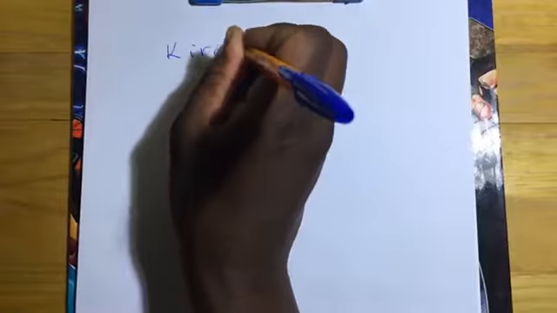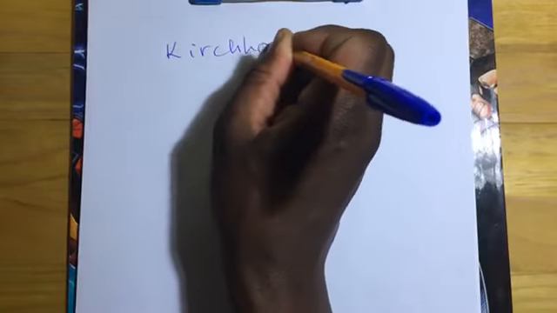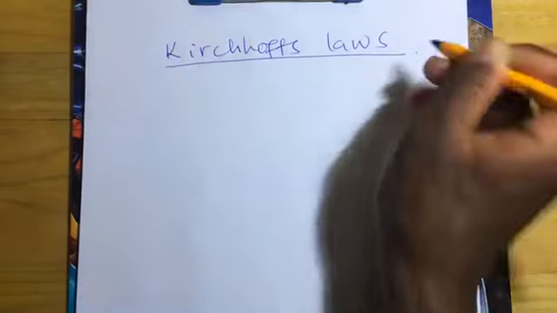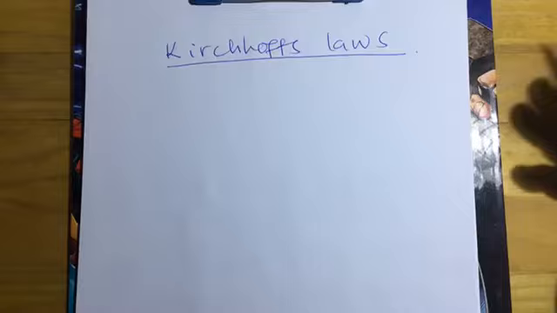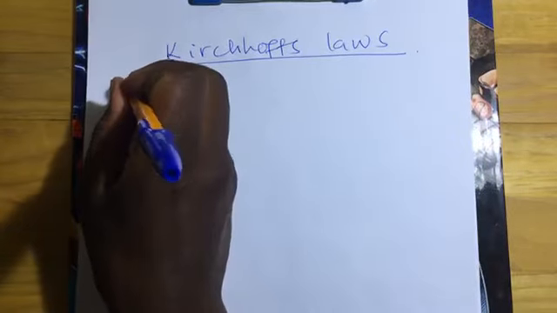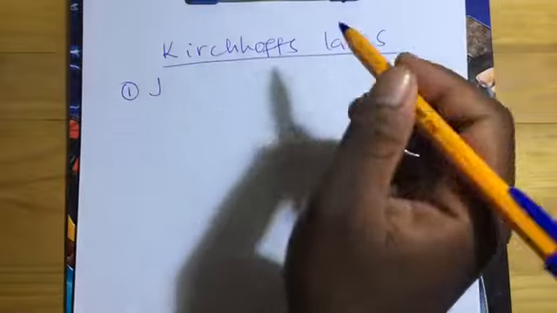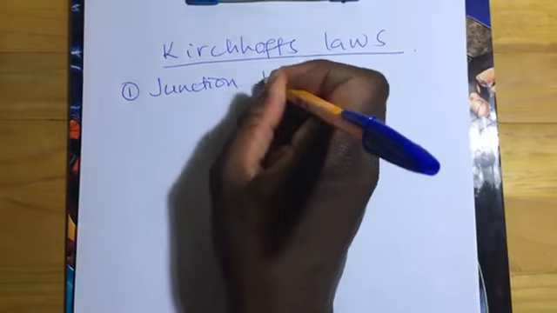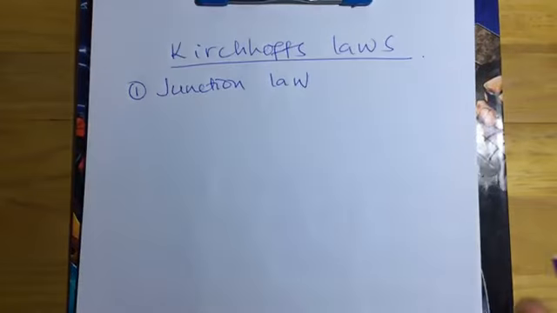So, Kirchhoff's laws. Basically, there are two laws. Number one, the first one is the junction law or rule.